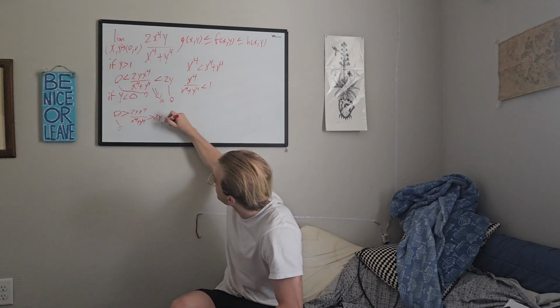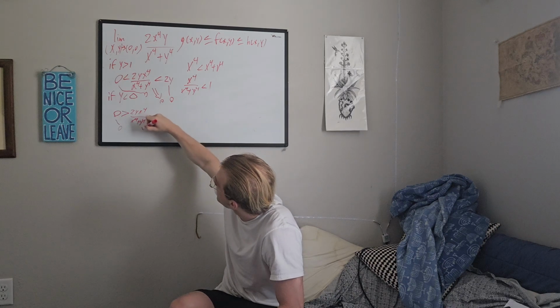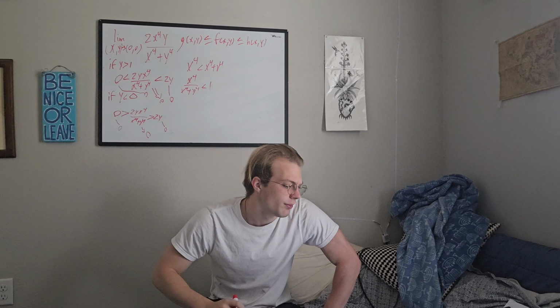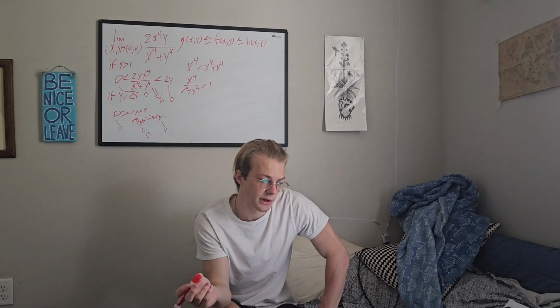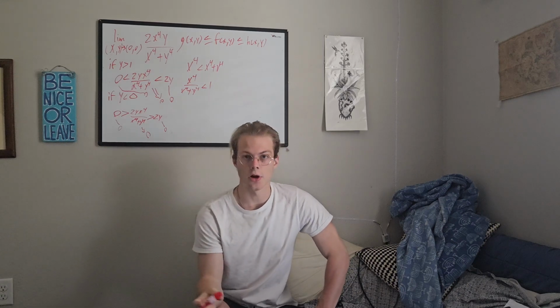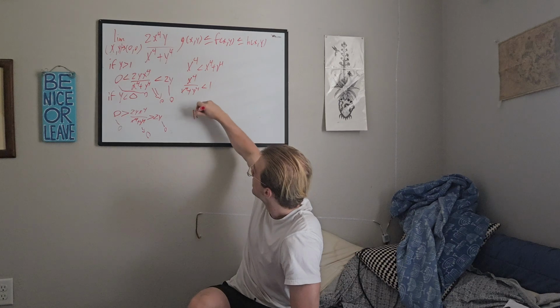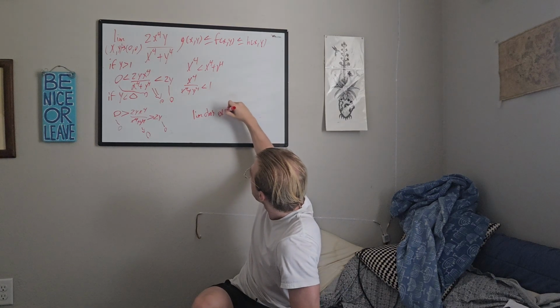This is definitely 0. And then this one is 0. And by doing that, we can determine the limit exists, because it's not like 0 over 0, which is indeterminate, so the limit does exist.